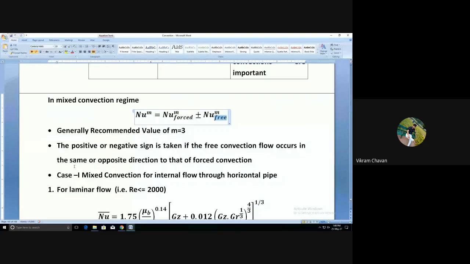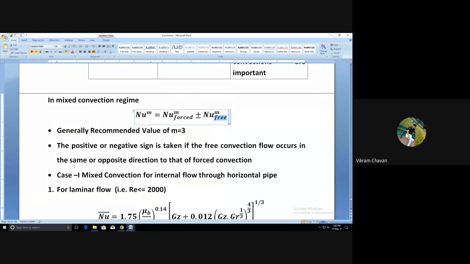Now, what formulas do we have to consider? There are n number of correlations for this combined free and forced convection. We are going to discuss only one case, because in problems related to combined free and forced convection, the formulas are directly provided in the problem statement.